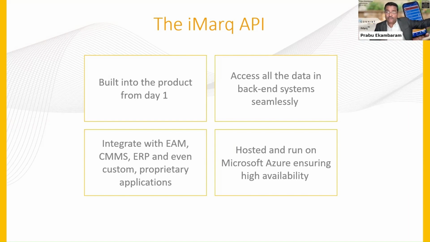When we communicate to your backend systems, we communicate to both. The maintenance task related information goes into your EAM system. If you use a time management system, we can post the time data to your time management system. So we can connect to more than one system at any given point in time, and we can also pull data from more than one system.